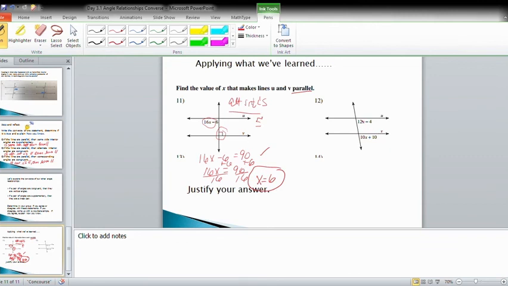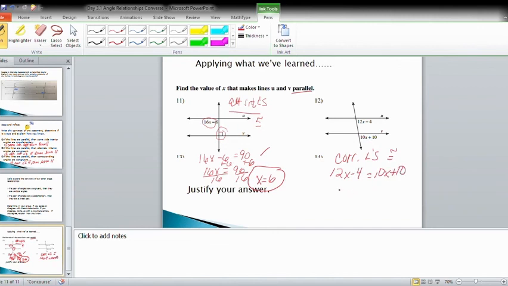Again, this relationship, right? We've got on the same side of the transversal, but one's on the inside and one's on the outside, so I have corresponding angles. Therefore, if parallel lines, corresponding angles must be congruent. So let's make them congruent and see what we need x to be. 12x minus 4 equals 10x plus 10.